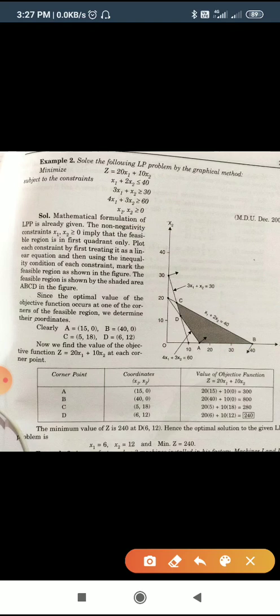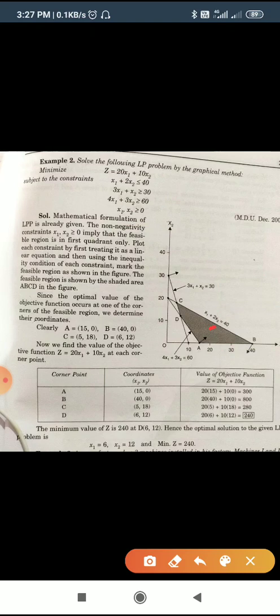So the bounded region by these three restrictions is this shaded area. First of all, we have to check whether the given region is feasible or not. We take 2 points anywhere in the shaded area and join them through a straight line, then we check that this line also lies in the same region. So this is the feasible region.